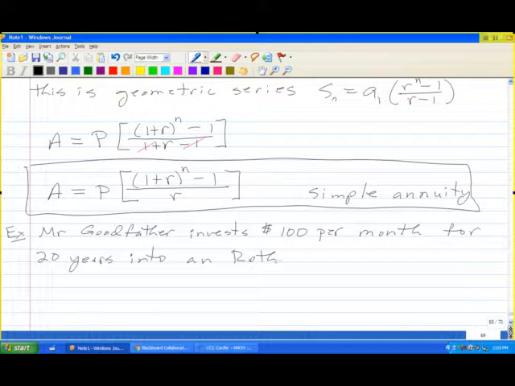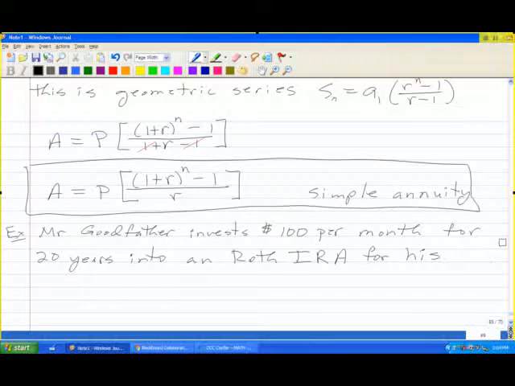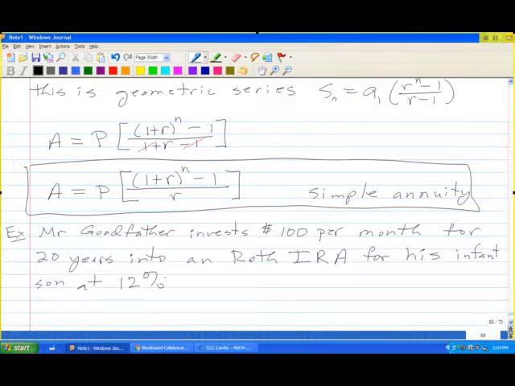Let's say a Roth IRA, so you don't need to pay any taxes, for his newborn infant son, at 12% interest compounded per month.